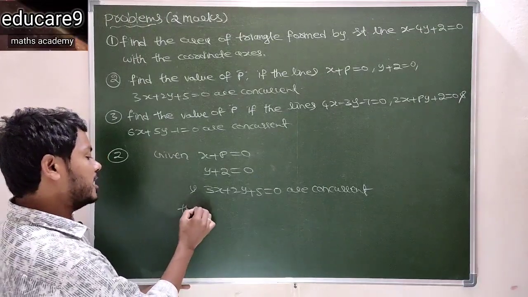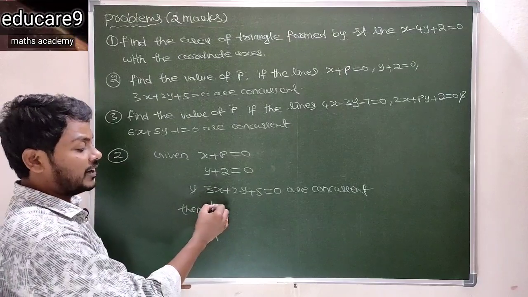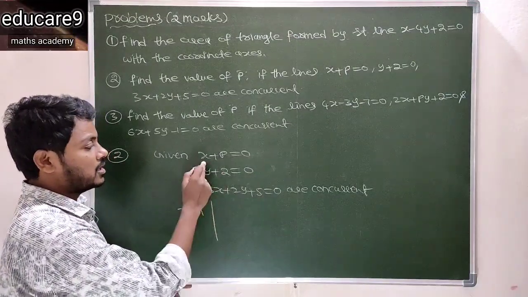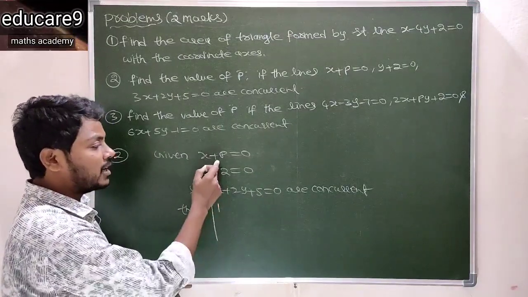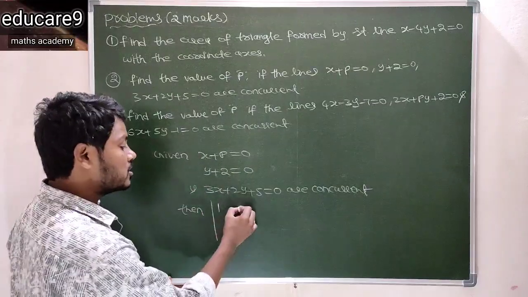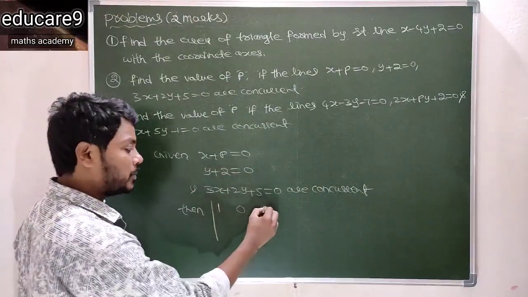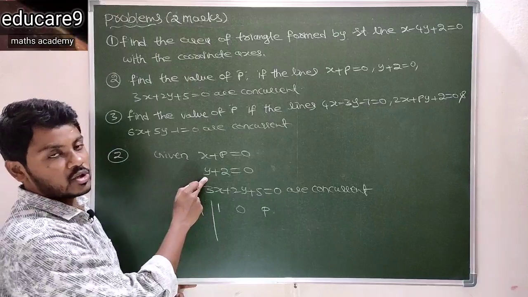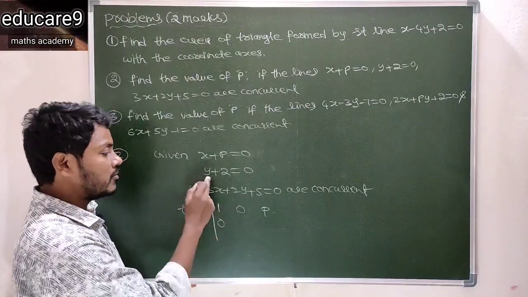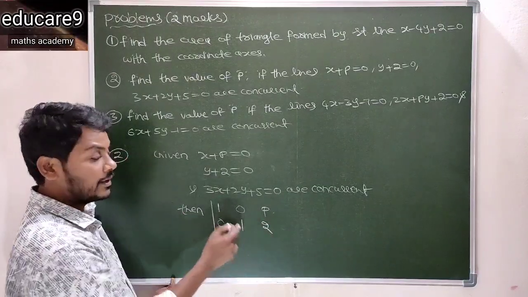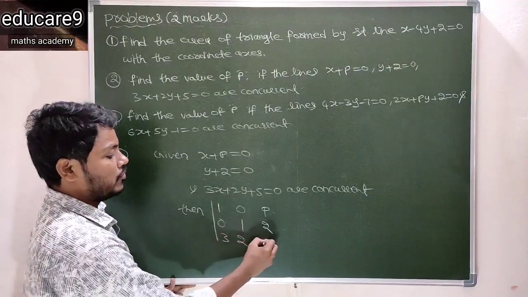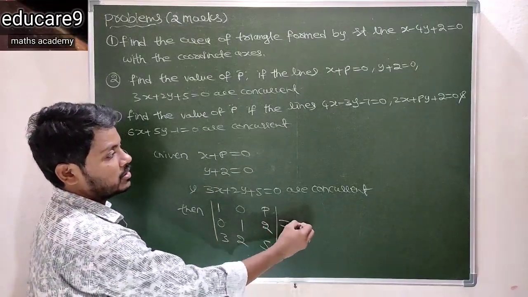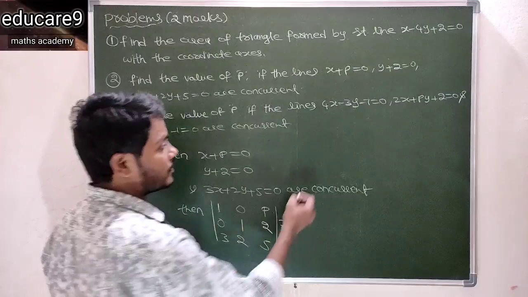So therefore, write the coefficient of x, coefficient of y, and constant. Coefficient of x is 1, there is no y coefficient so write 0, and constant p. Next, there is no x coefficient so write 0, y coefficient 1, constant 2. Next, 3, 2, 5 is equal to 0. So find this determinant.